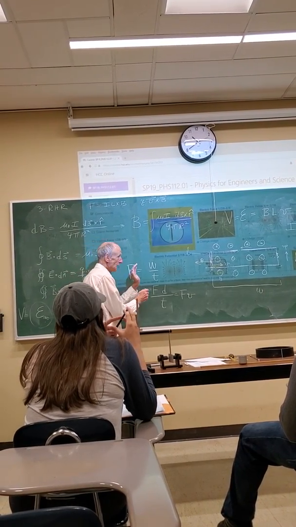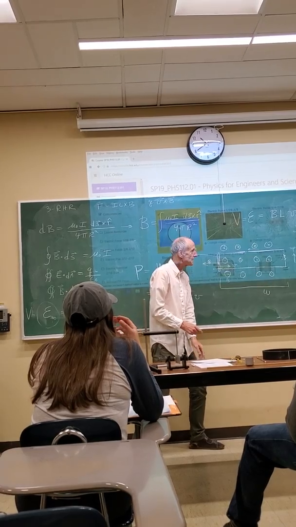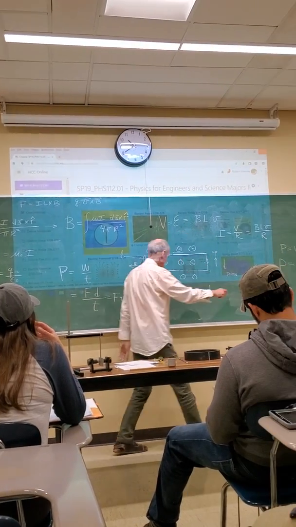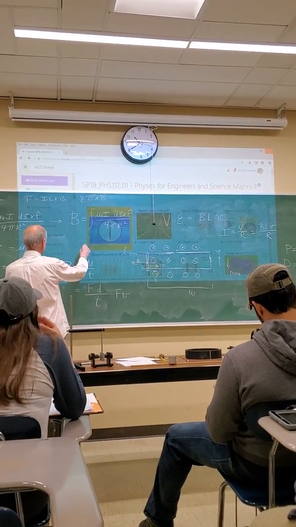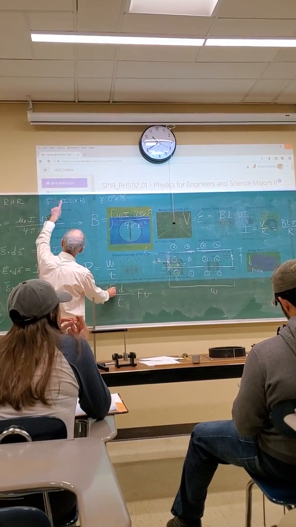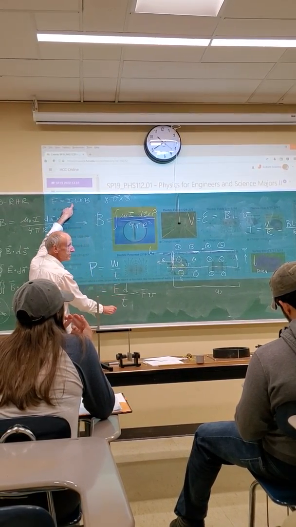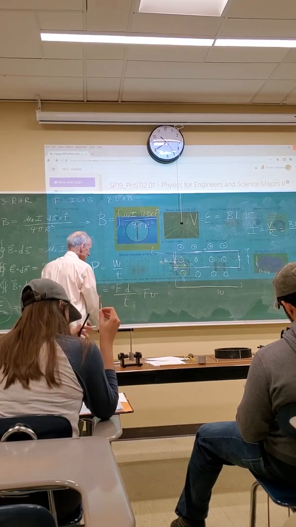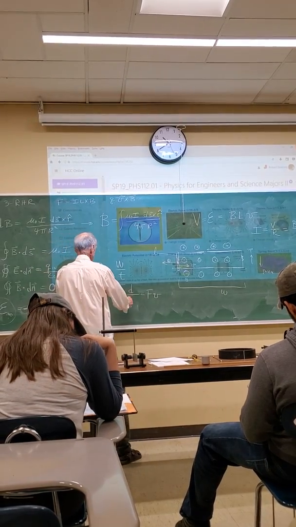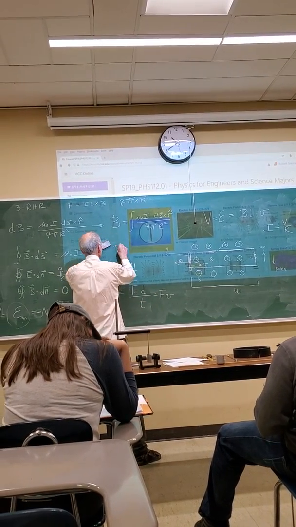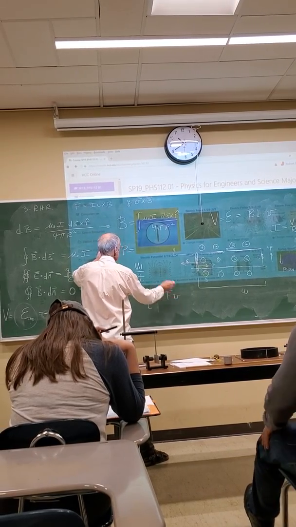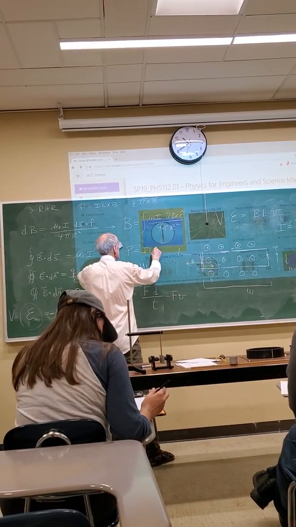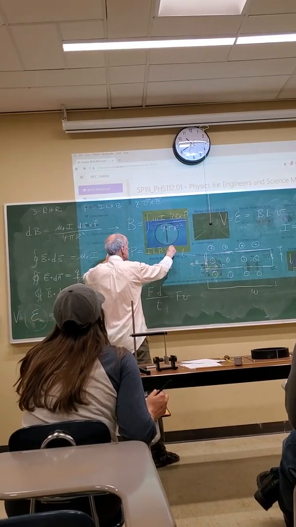This is the mechanical power that I'm pushing the bar, and that's what I get out. And the force that I have to push at is ILB. So this power is ILB times the velocity.